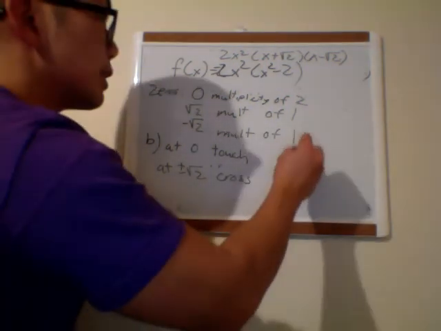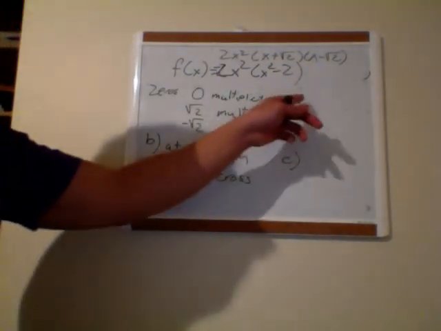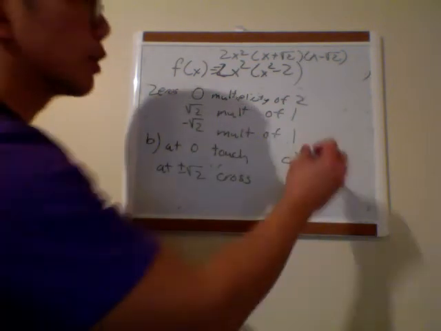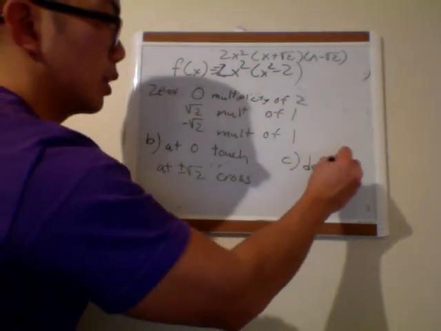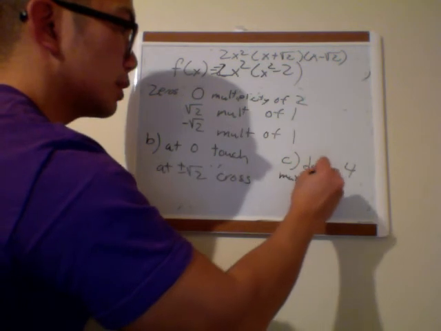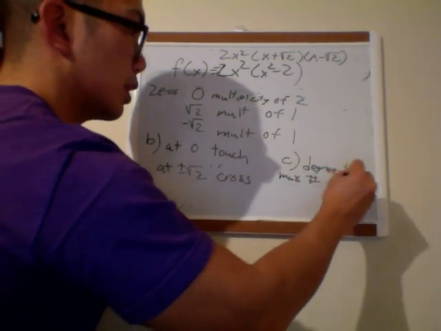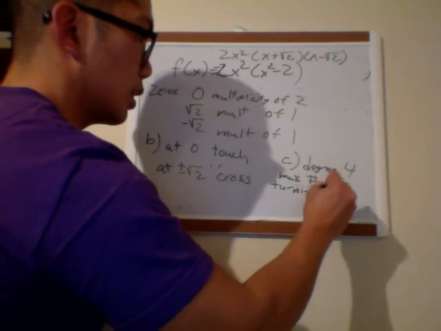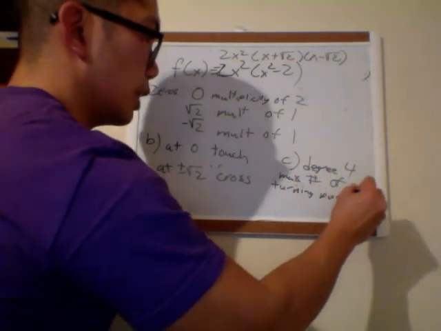Now, what is my degree here? Well, if I add all my multiplicities up, it's 2 plus 1 plus 1. I have a degree of 4. And so my max number of turning points is 3.